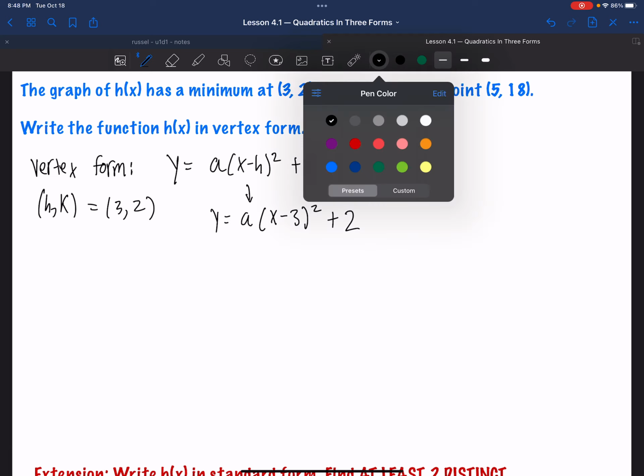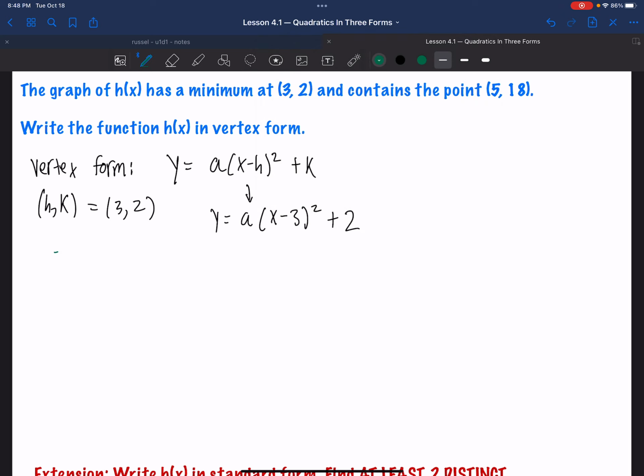So let's switch colors, let's do green, and use the point x comma y equals 5 comma 18. This tells us that 18 equals a times, x is 5, minus 3 squared plus 2.